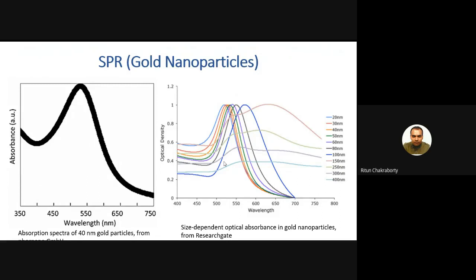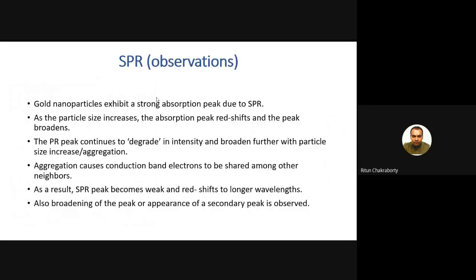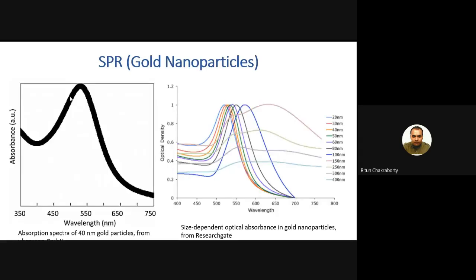Okay, so here are now some observations. We read these observations of this surface plasmon resonance. So first one is gold nanoparticles exhibit a strong absorption peak due to surface plasmon resonance. Like this one, no? This is actually a very strong absorbance peak compared to semiconductor nanoparticles.